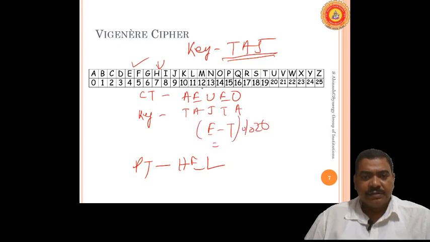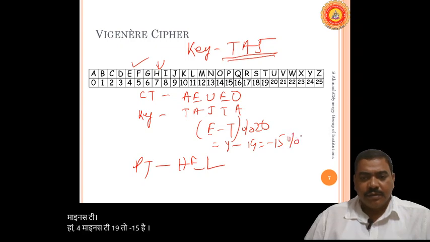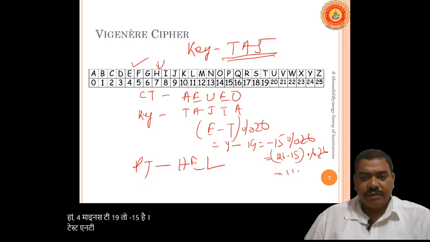So e is 4 minus t. T is 19, so it is minus 15 mod 26, which we can write as 26 minus 15 mod 26, that is 11 mod 26. So it is 11, that is L.